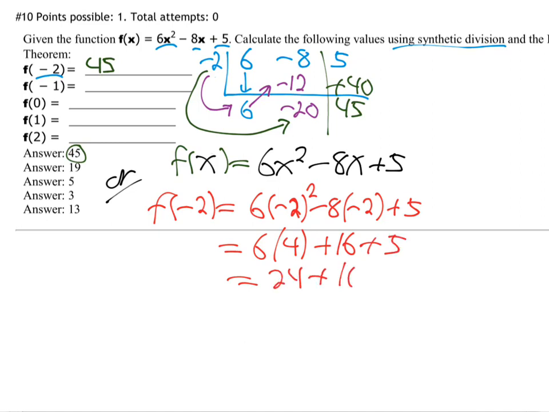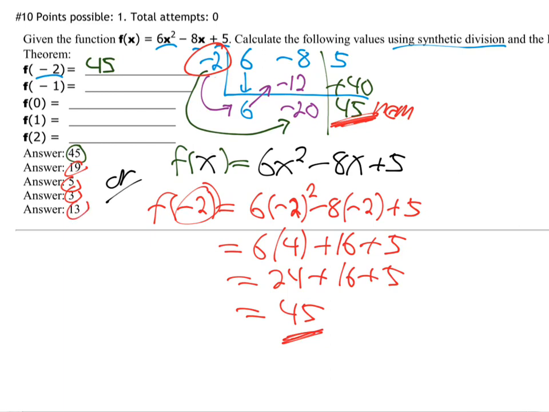So 24 plus 16 plus 5, 45. Same answer here, same answer there. See, I'm just proving to you that plugging negative 2 into a function is the same thing as doing synthetic division by that number and grabbing the remainder. It's exactly the same. So that's how you'll do all these, just do synthetic division on those.